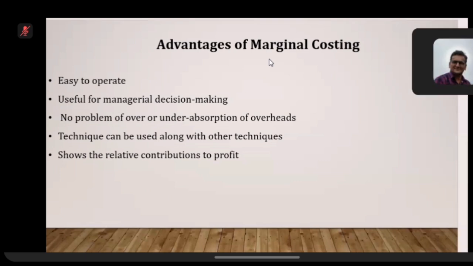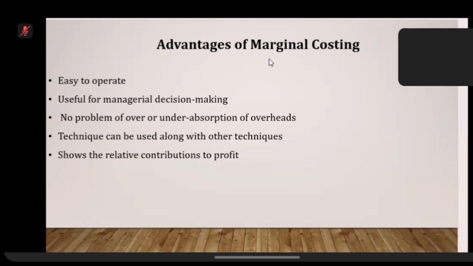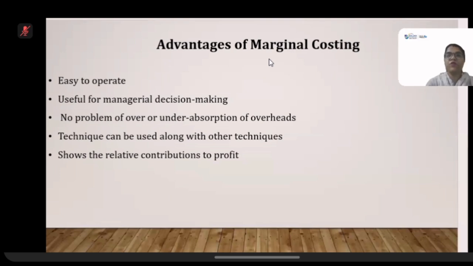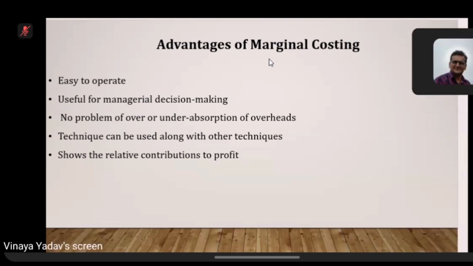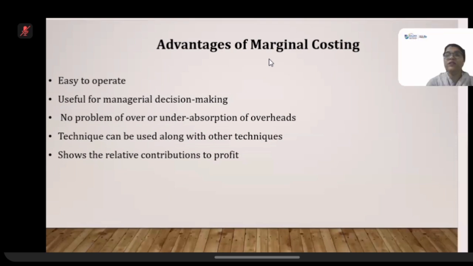See, in a business, the profit volume, that is the PV ratio, we use to understand the company's profitability, whereas contribution we use to understand the excess of your sales over the variable cost.